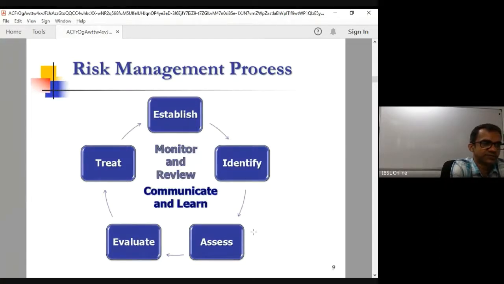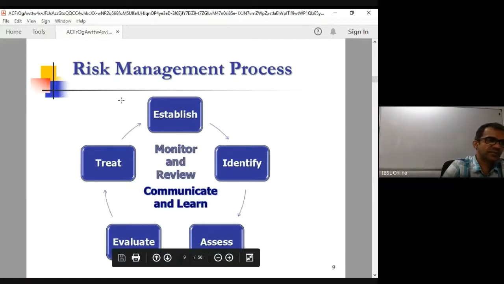So therefore, it's very good to be in touch with what's happening around the world, in other countries, in other banks, and assess what the possibility would be. If that happens, what would be the loss for our institution. That is very important. Learning. So this is a brief introduction about the risk management process.